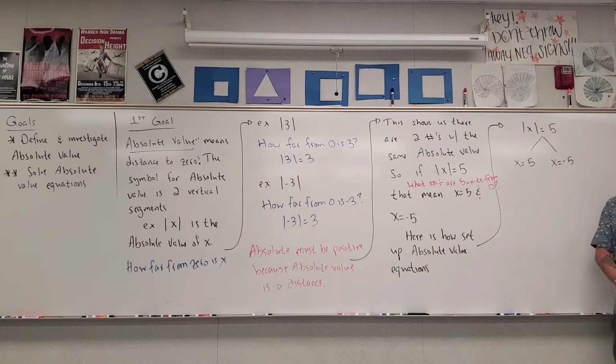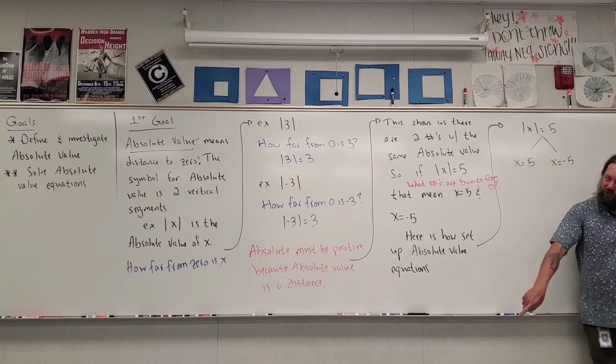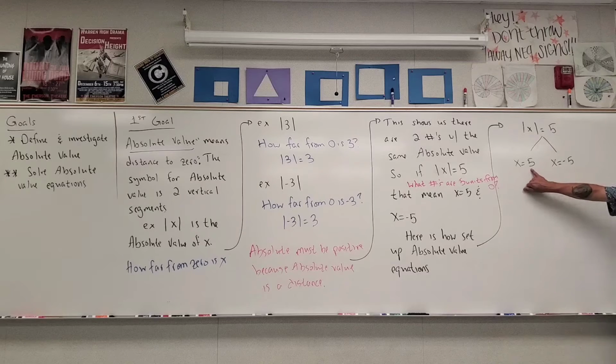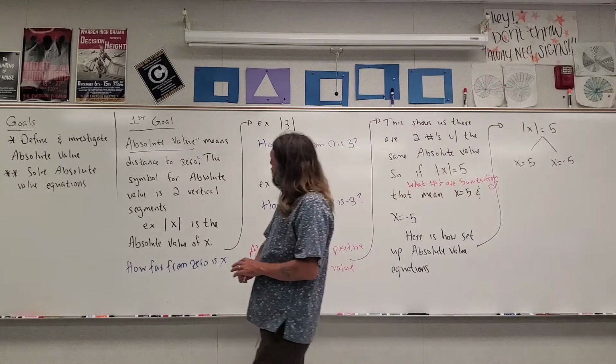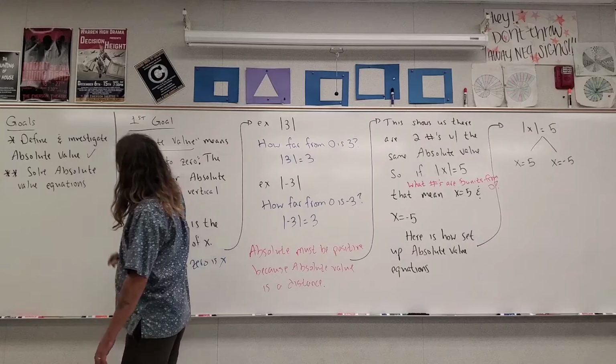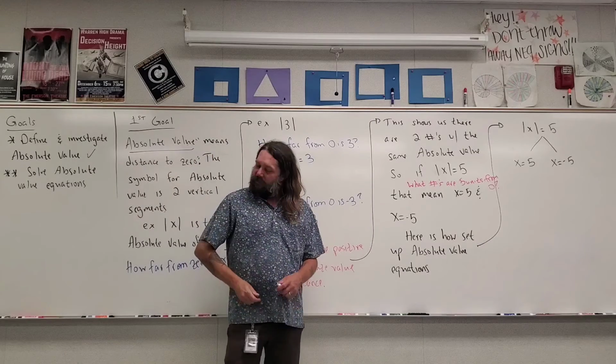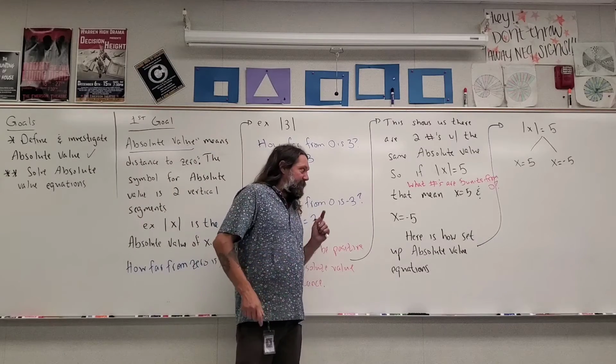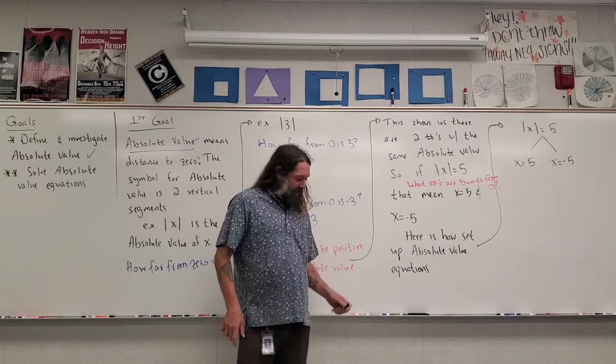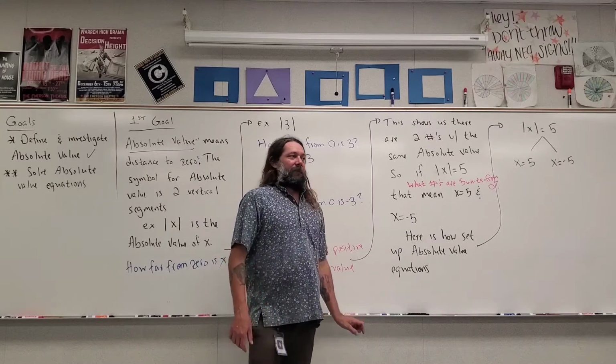So absolute value equations are going to split into two parts: the distance to the right of 0 and the distance to the left of 0. I'm going to check off the first goal, come back and show you how to solve absolute value equations. Let me clean this up, set up the next lesson, and I'll be back.